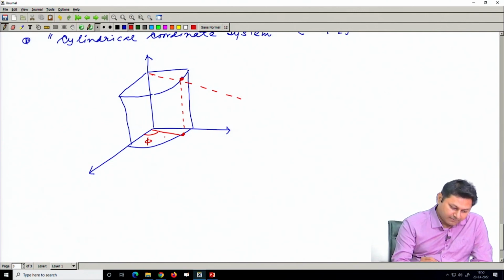So this is my rho, along this direction I have the rho unit vector, and this is the value of rho, this is the phi, and this length is z, from here to here.